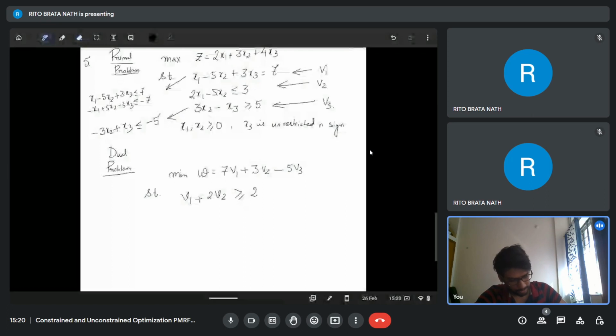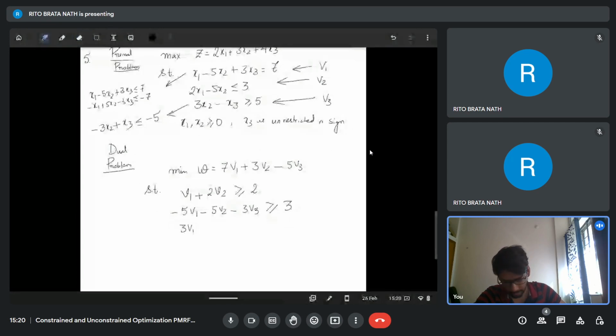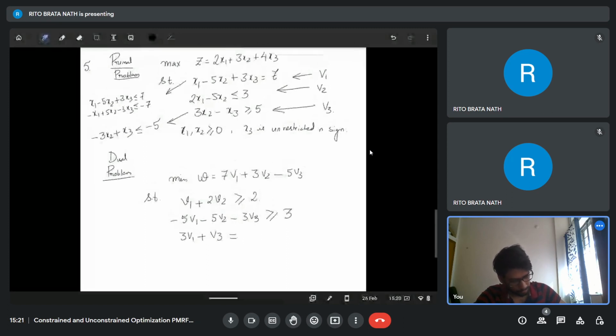Next one is minus 5v1 minus 5v2, and the next one you have converted to a negative sign, so that becomes minus 3v3, and since x2 is also greater than or equal to 0, this becomes greater than or equal to 3. The last one becomes 3v1 plus v3, and since x3 is unrestricted in sign, this becomes an equality, and finally you have 4.